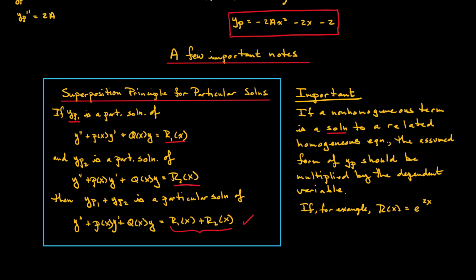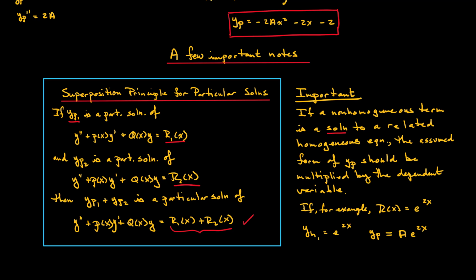But one of our fundamental solutions, let's say y, for the related homogeneous equation for the ODE, if let's say one of the fundamental solutions is also e to the 2x, then we cannot propose that yp is equal to some undetermined coefficient multiplied by e to the 2x.